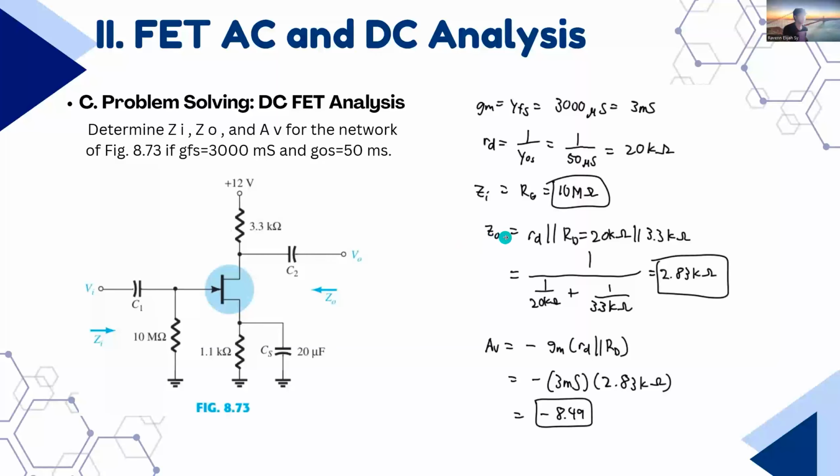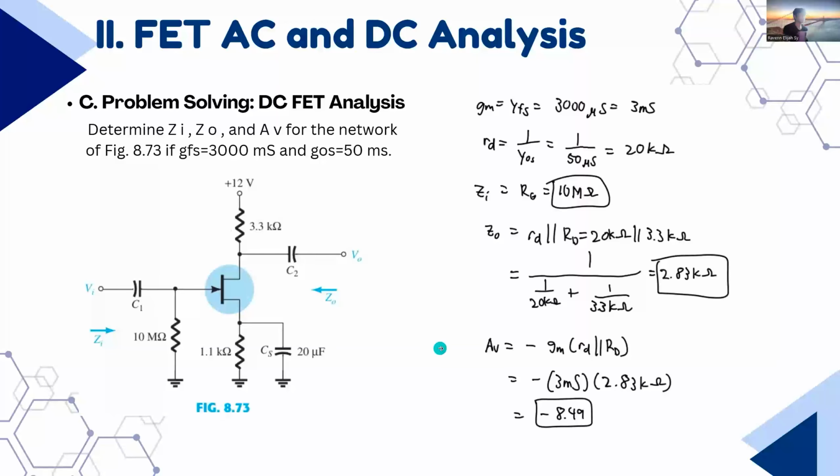Then for the ZO, rd is in parallel with 3.3 kilo ohms, 20 kilo ohms and 3.3 kilo ohms. So we get 2.83 kilo ohms.